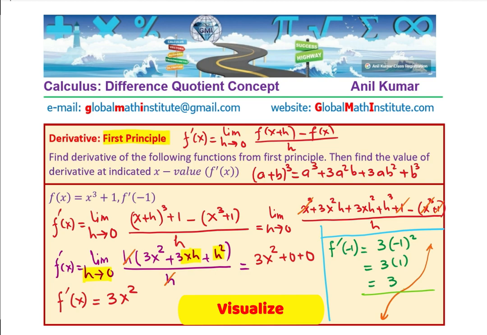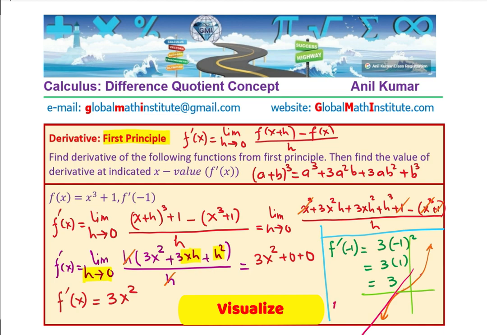Okay, so at minus 1, you get this 0, right? So if I put minus 1 here, you do get a 0, right? So at minus 1, the slope is 3. This is what we are saying.